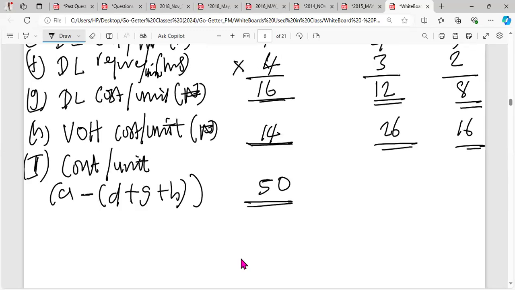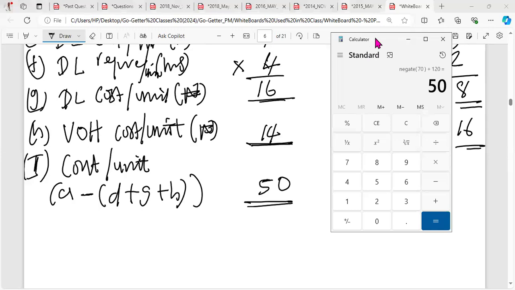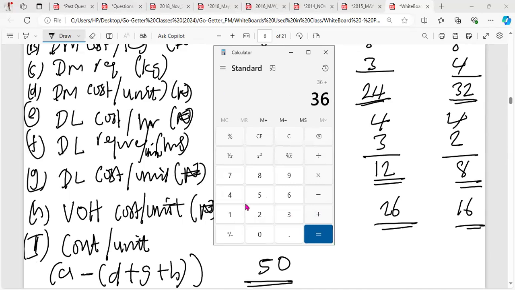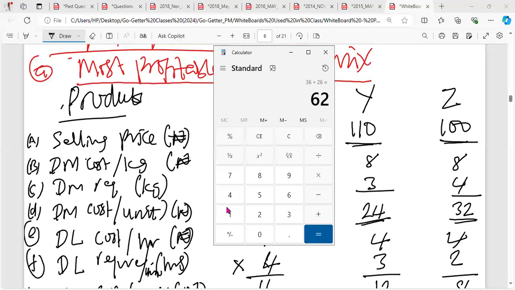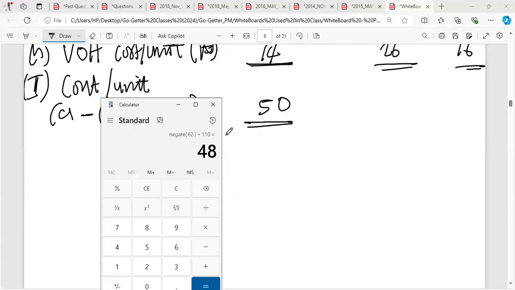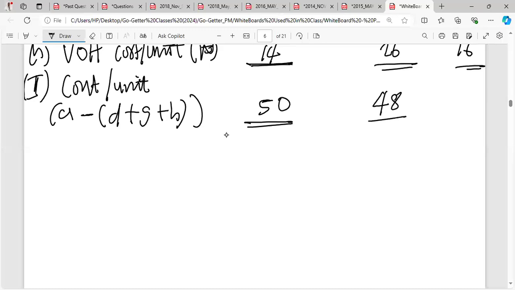The next one here is D, G, and H. My D here is 24 plus 12 plus 26. That gives me 62, which I'll remove from 110. And that will give me 48.